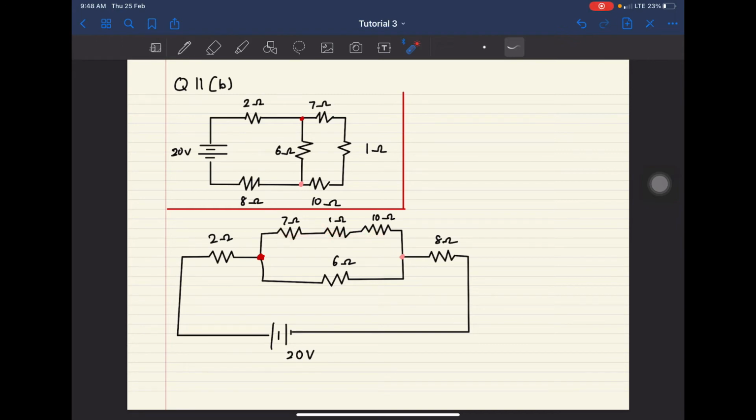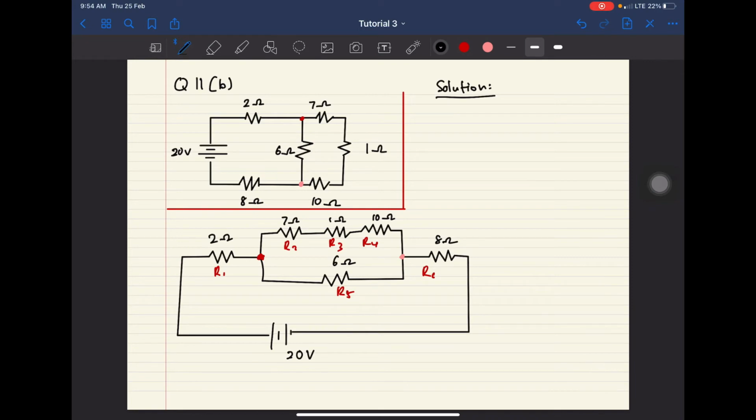So you have to combine so that you can determine the current and voltage punya behavior. Okay, but this time saya tak combine sebab saya nak jimat masa, satu lagi sebab dia tak tanya pasal current dengan voltage. But I'm gonna label this one instead R2, R3, R4, R5 and R6.